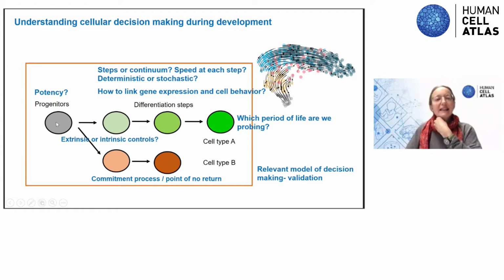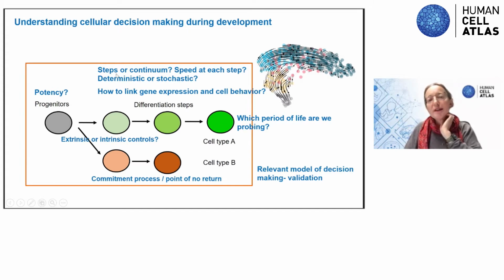As a schematic here, you can see a cell like a progenitor. It has a certain potency. We have been developing tools in the community together to study potency. Very often epigenetic marks are used as a measure of potency, but there are also functional assays. Then the cells go through several differentiation steps to a final state.